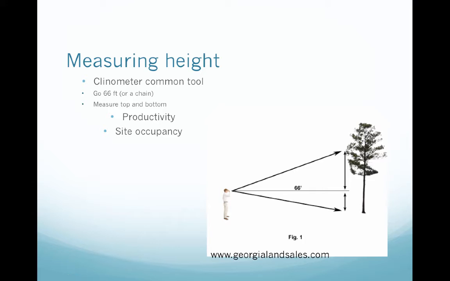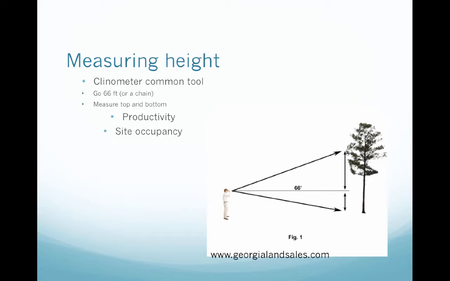So measuring height is another important measurement we get when we go out in the field. So diameter, DBH, and height. A clinometer is a common tool, and in the example that you saw, he used a Centro clinometer.